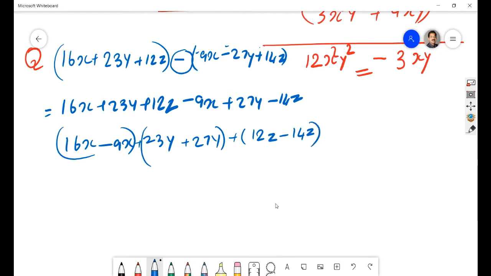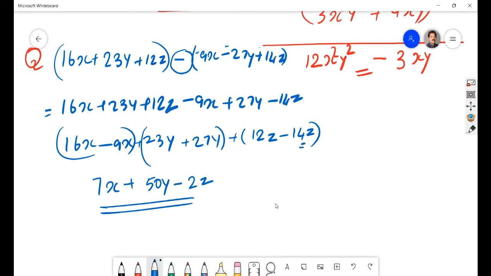Ultimately what happens: 16x minus 9x is equal to 7x, plus 23y plus 27y is equal to plus 50y. Then you are having 12z minus 14z. The number to be subtracted is bigger, so naturally it will become minus 2z.